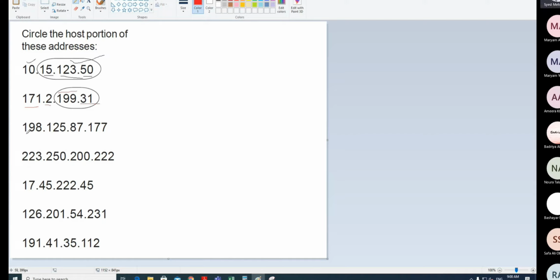198.125.87.177. Can you tell me what is the host portion here? This is class C. Yes, it is good. So what is the host portion?